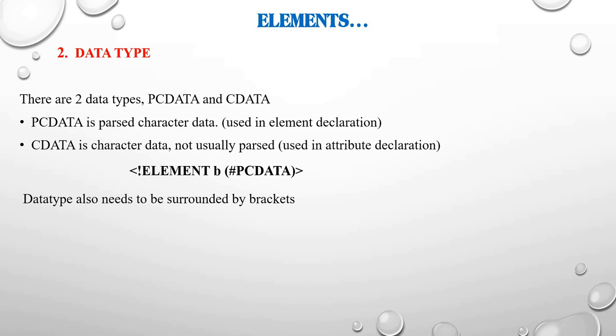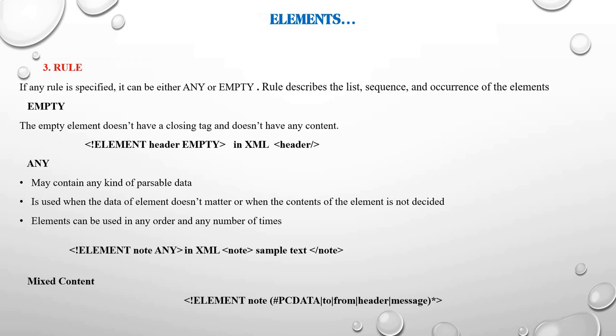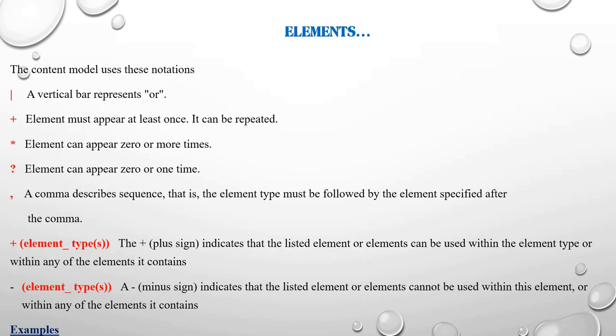We have to specify which data type each element is. Rule: if any rule is specified, it can be either ANY or EMPTY. Rule describes the list, sequences and occurrences of an element. So we can use EMPTY, ANY or mixed content as the rule for an element. So these are some of the notations for the content model.